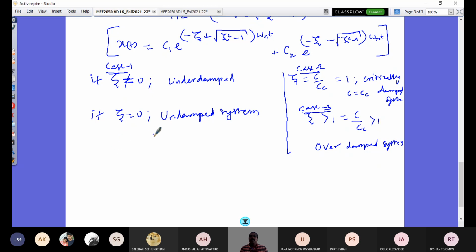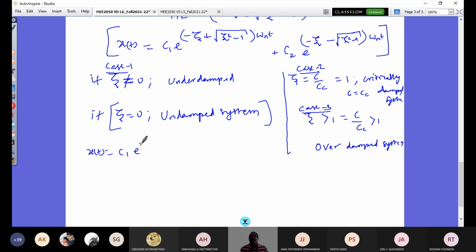And whatever we have learned so far could all be generalized from this. So in this solution, if you put zeta 0, look at what is going to happen. It's going to be x of t equals C1 e raised to, with zeta 0 here, minus under root of minus 1 omega nt.